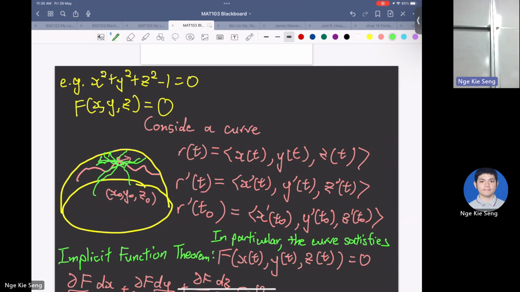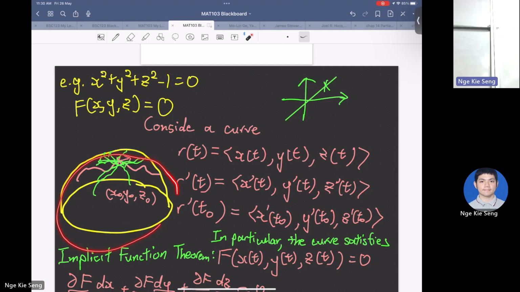And also you will see that depending on the dimension of your surface, the tangent plane has the same dimension. Okay, so for example, if it is on a one-dimensional space, you see that at one point, there's only two directions you can go. Okay, so you just get a tangent line. But for example, this sphere here is a two-dimensional surface.